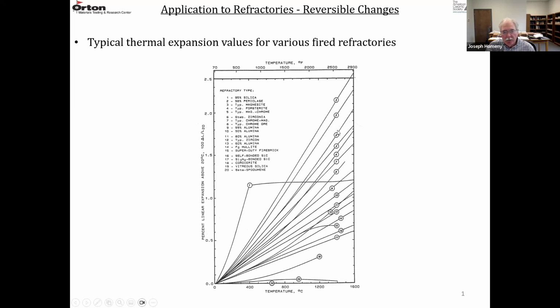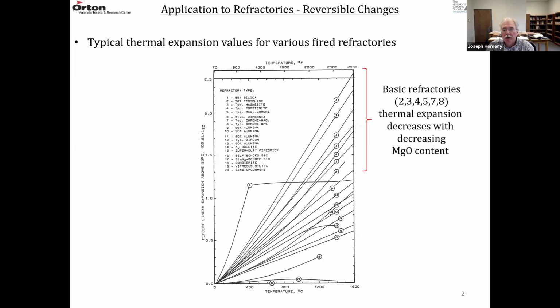So at the top of this diagram are the MgO-based materials, the MgO and chrome-based materials. They have the highest expansion. In the middle of the diagram are the alumina-silica refractories, and towards the bottom are the non-oxides, and then there's the few unusual low expansion materials at the very bottom.